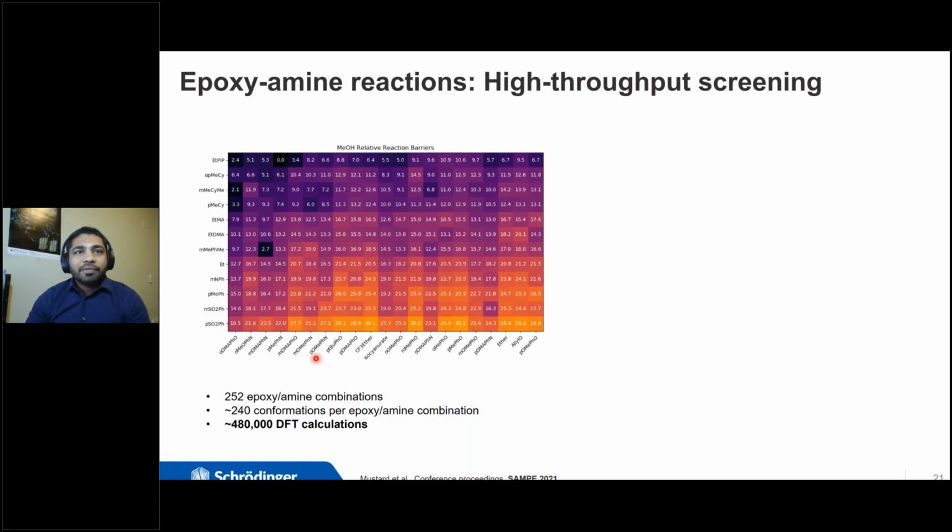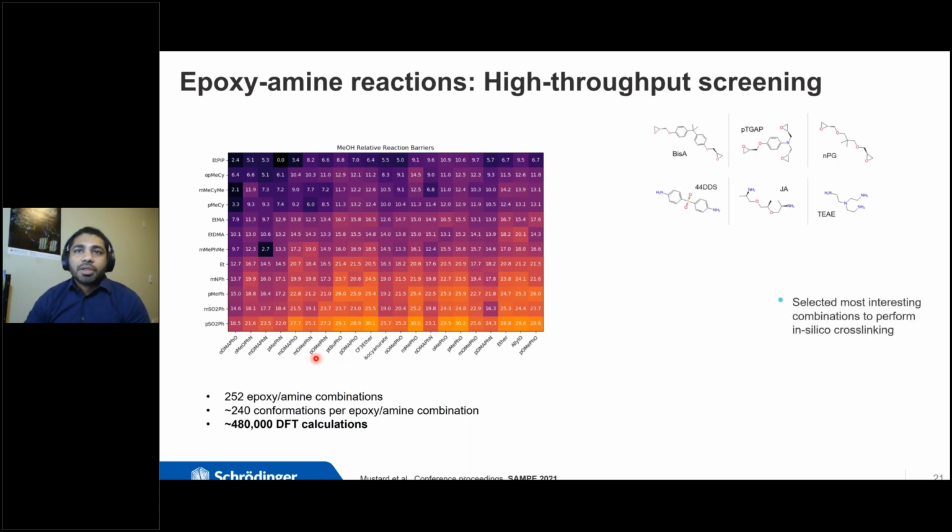So once we have these activation energies for all of the reactions, we pick the most interesting combinations to perform the cross-linking using molecular dynamics. We selected bisphenol A as one of the epoxides, the other epoxide was a combination of bisphenol A with PTGAP, and the third was bisphenol A with NPG epoxide.